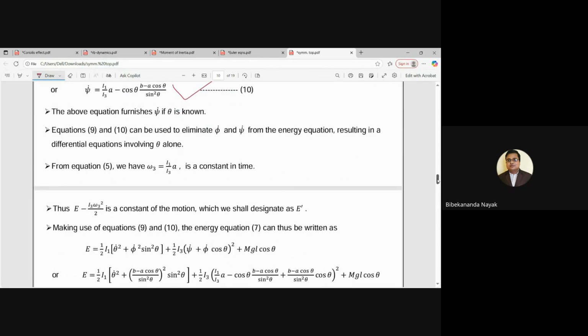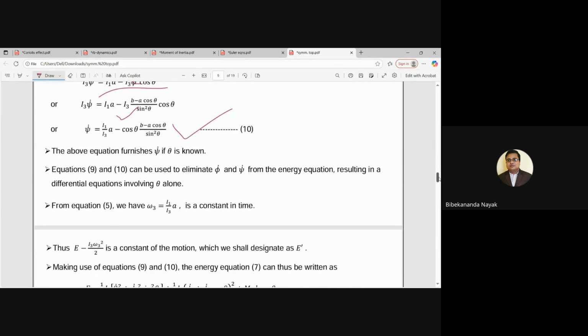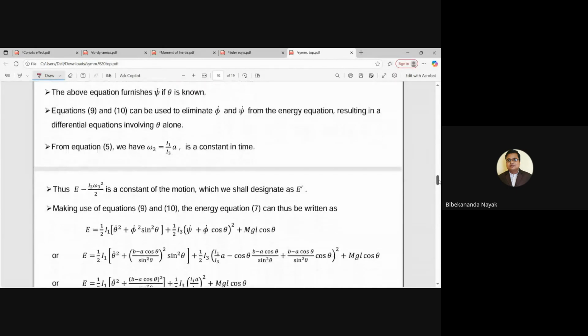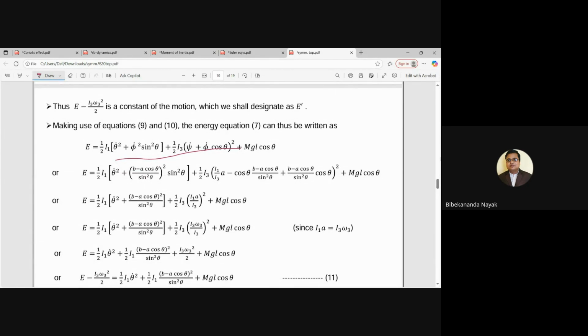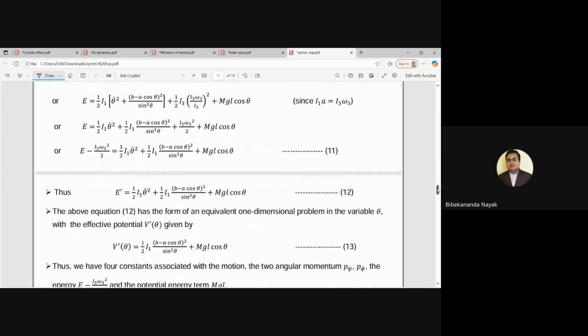Okay. Then we can also define another quantity, E minus I3 omega 3 square by 2, which is a constant because the energy is a constant. So putting the value of phi dot and psi dot, we found this term, and simplifying with simple mathematics we get this relation with mgl cos theta, which we can take as another constant of motion, E prime.